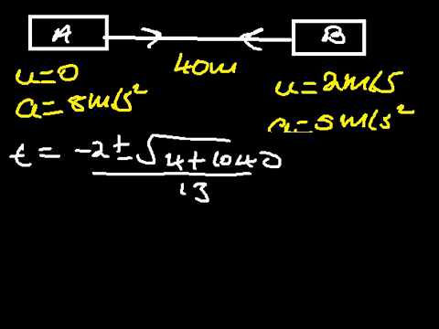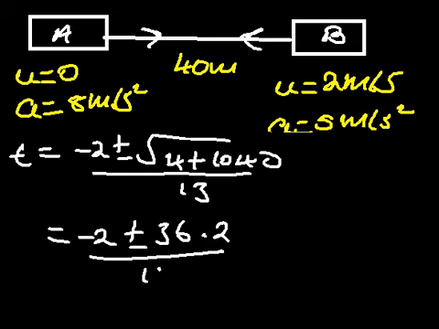So now we'll have negative 2 plus or minus the square root of 36.2, and I divide by 13.